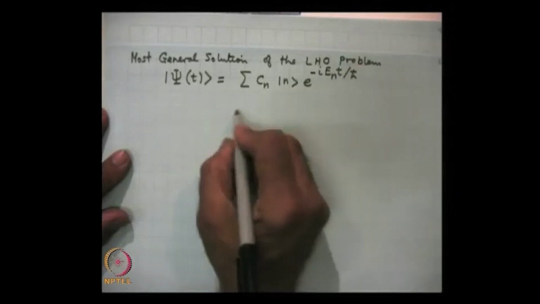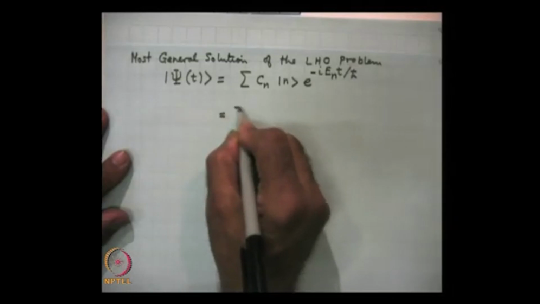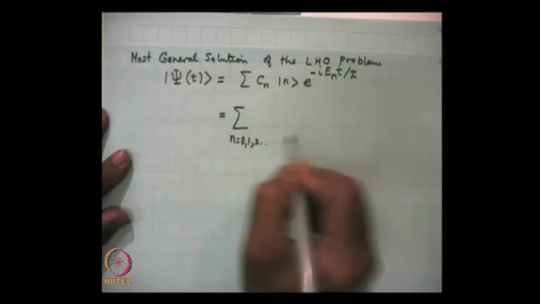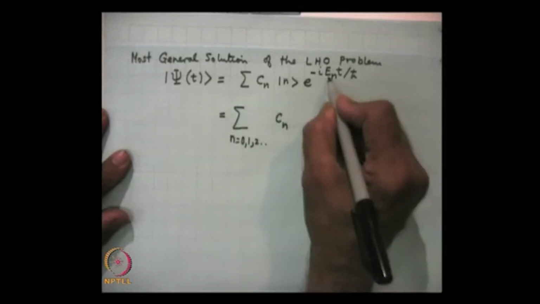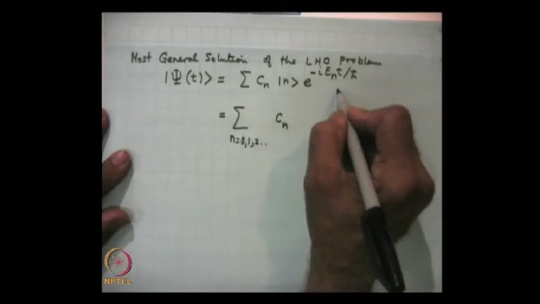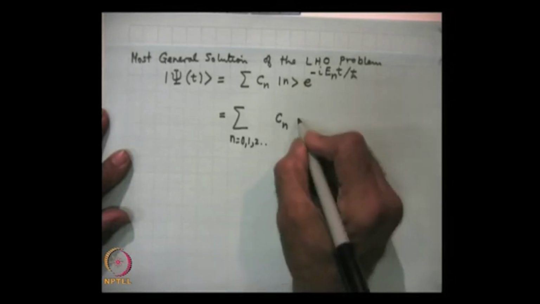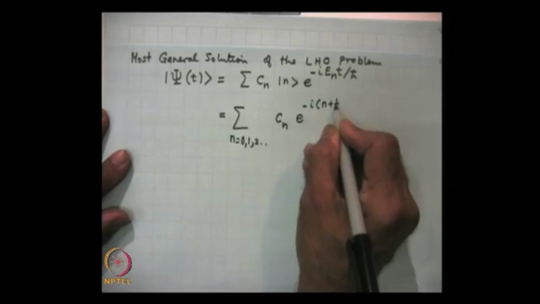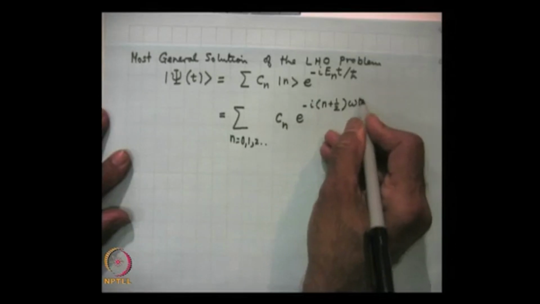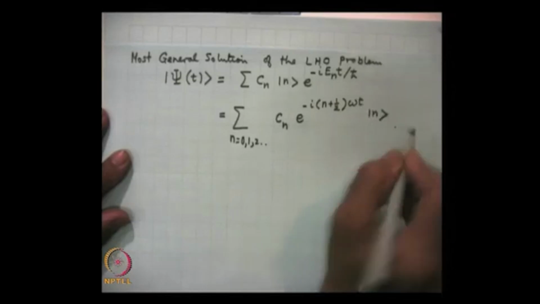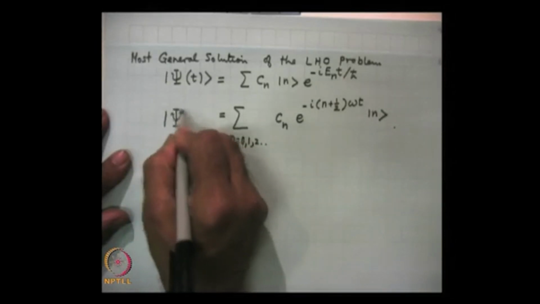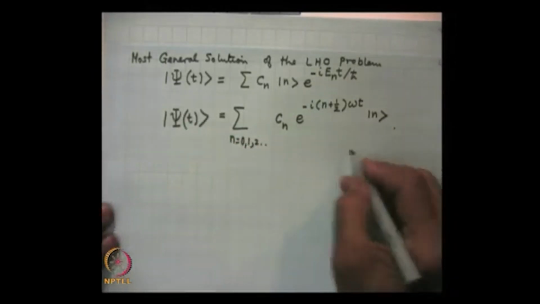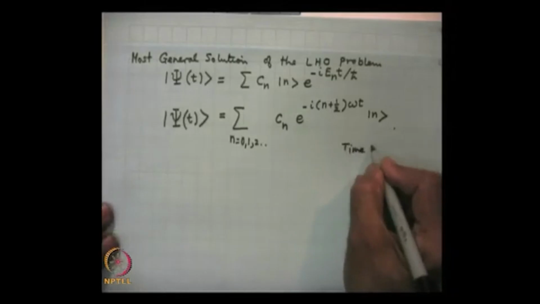I know the value of E n, so I substitute it here. So, summation n equal to 0, 1, 2, 3 C n. This is n plus half h cross omega, h cross cancels out. So, I get e to the power of minus i n plus half omega t ket n. This above equation represents the time evolution of a general state.